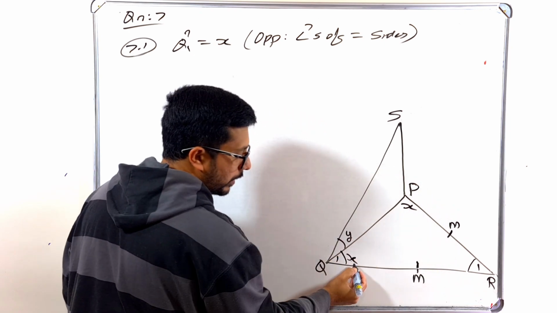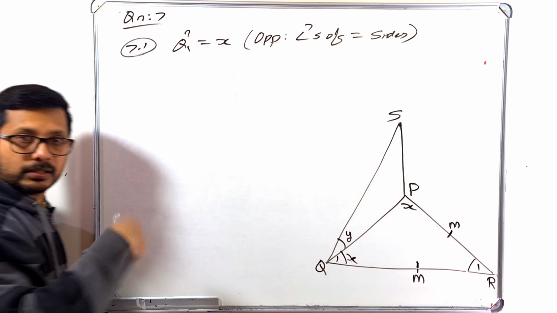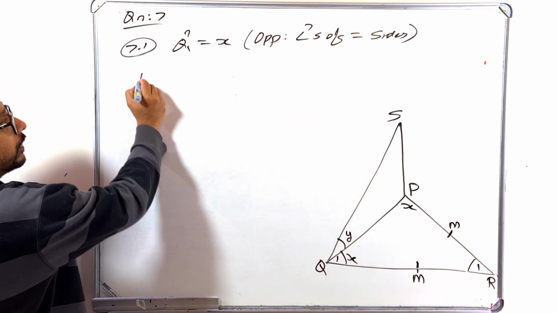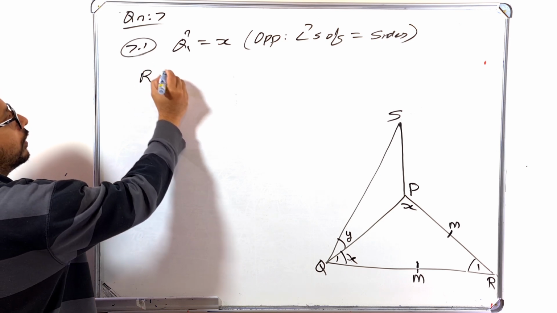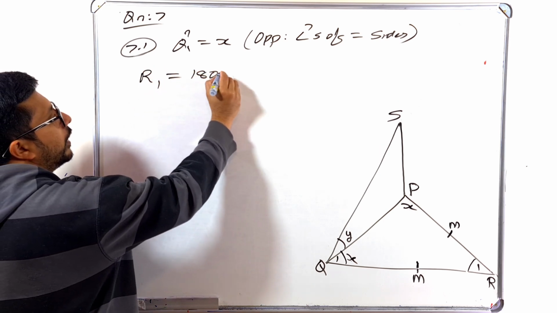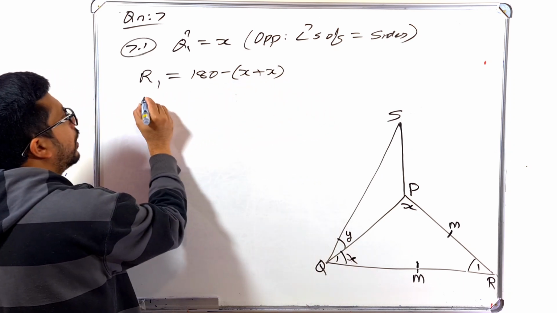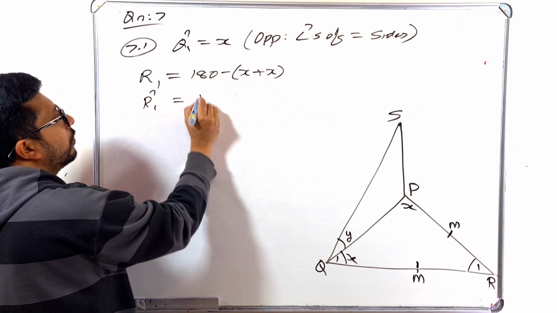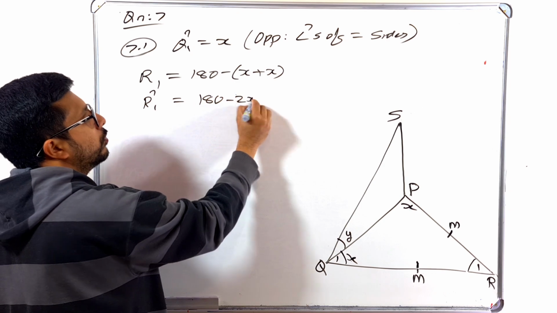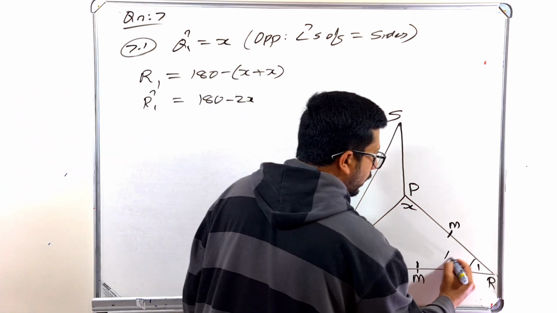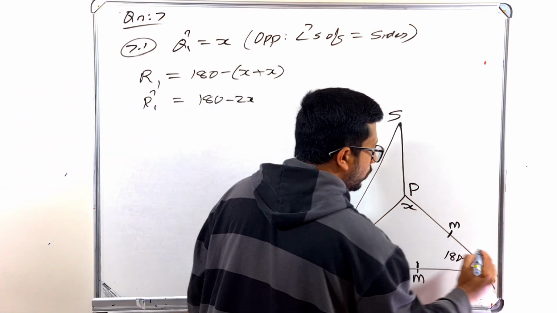This is X, this is X. So what is this one? Sum of the angles in a triangle. So R1 is equal to 180 minus X plus X. So R1 is equal to 180 minus 2X. So this angle is 180 minus 2X.